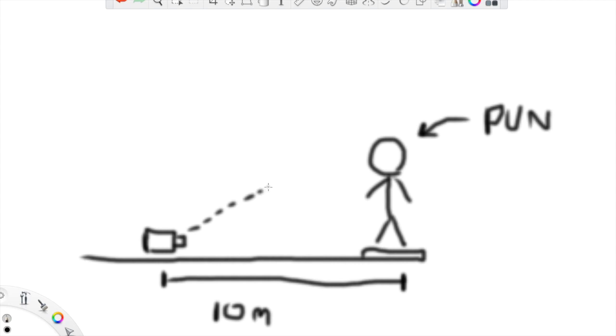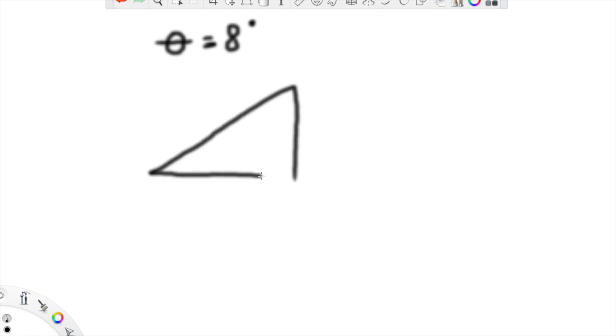The grounded camera's job is to measure the angle of elevation. In this case, we will get 8 degrees for our theta. The theta will be further used to calculate the swimmer's height.